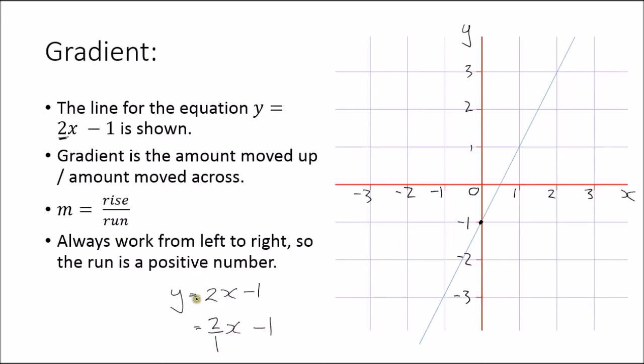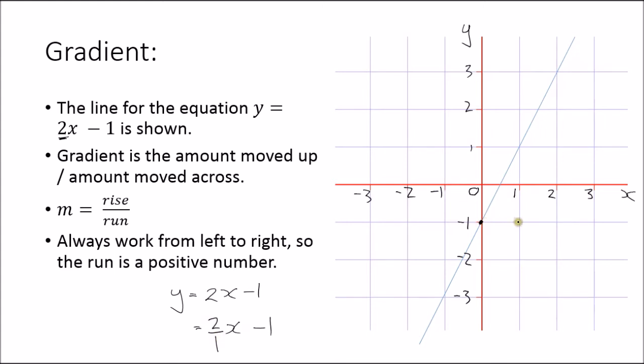So we could say it's y equals 2 over 1 x minus 1. Now the reason this is quite good is, remember that gradient is rise over run. Well, if you write the gradient as a fraction, then you've got the rise in your numerator and your run in your denominator. So I'm going to go across 1.